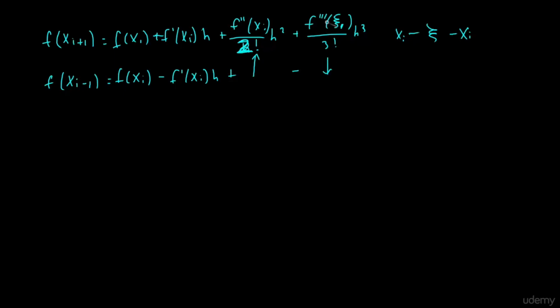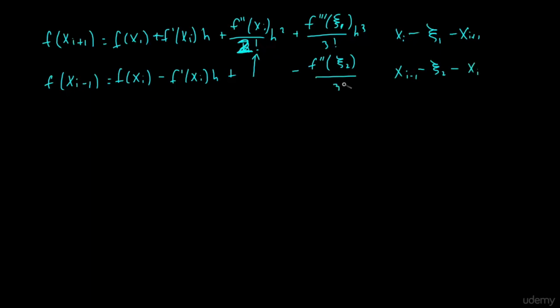The only difference is that in the final term, where the remainder is, we're going to have a different xi value. Maybe xi2, xi with index 2, and if xi with index 1 is between xi and xi plus 1, then similarly xi with index 2 is something that's going to be between xi minus 1 and xi.